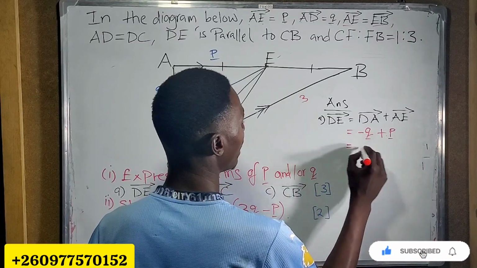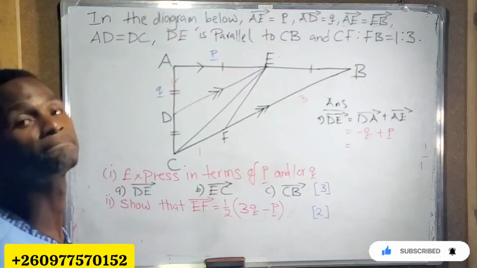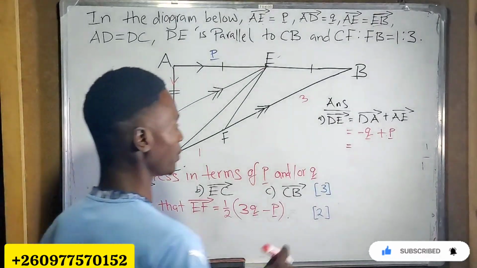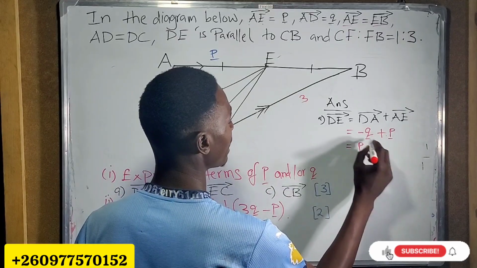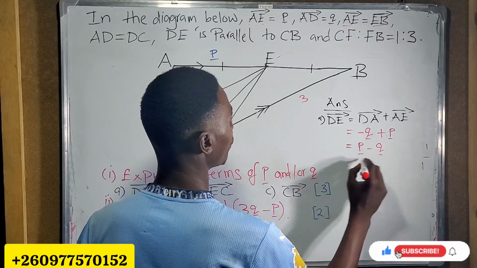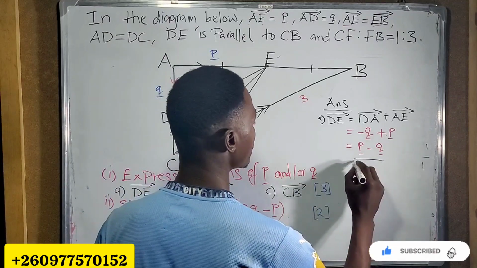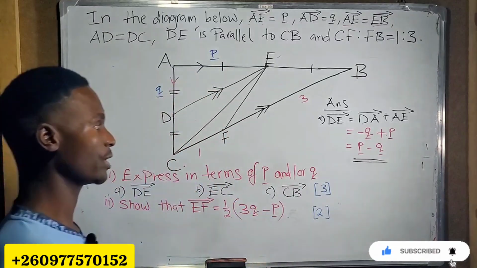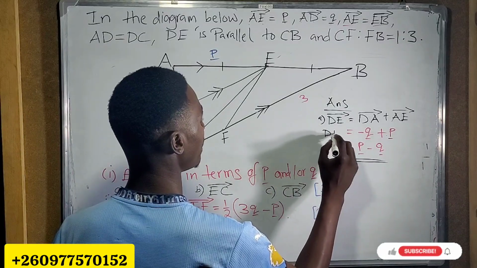Now, this is negative and this is positive. So we always start with the positive vector. So we're going to start with vector P minus vector Q. This is the answer to the first question. This is DE.